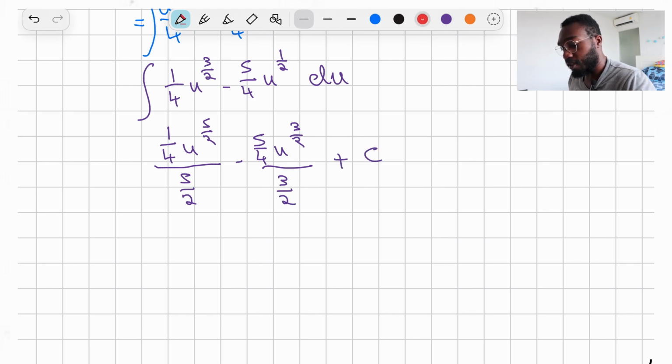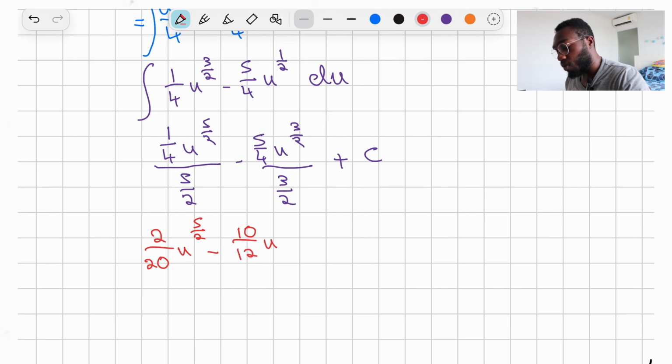If we work this out, 1 over 4 divided by 5 over 2 is the same as 1 over 4 times 2 over 5, which gives us 2 over 20 u to the 5 over 2. And that'll be minus 5 over 4 divided by 3 over 2, which is the same as 5 over 4 times 2 over 3, giving us 10 over 12 u to the 3 over 2, and then we have a plus c.